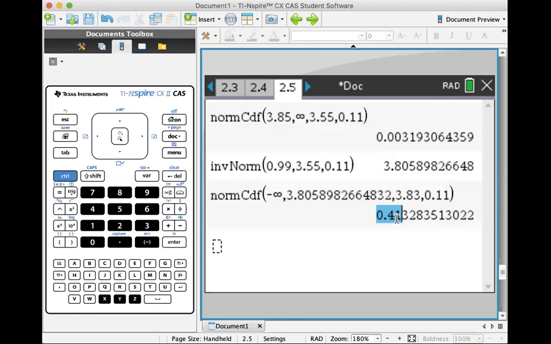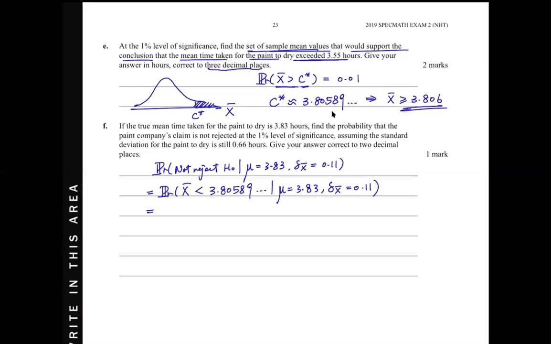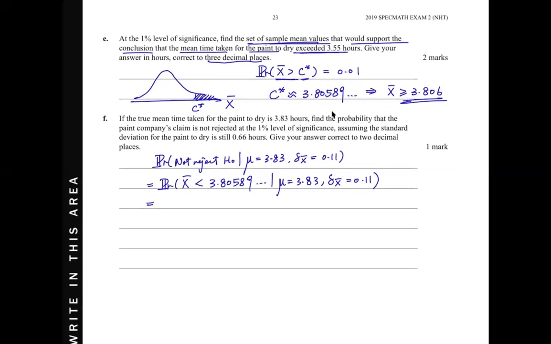Quite a big number, 0.41. That is your probability of committing a type 2 error. You don't reject a false null hypothesis. Correct to 2 decimal places.